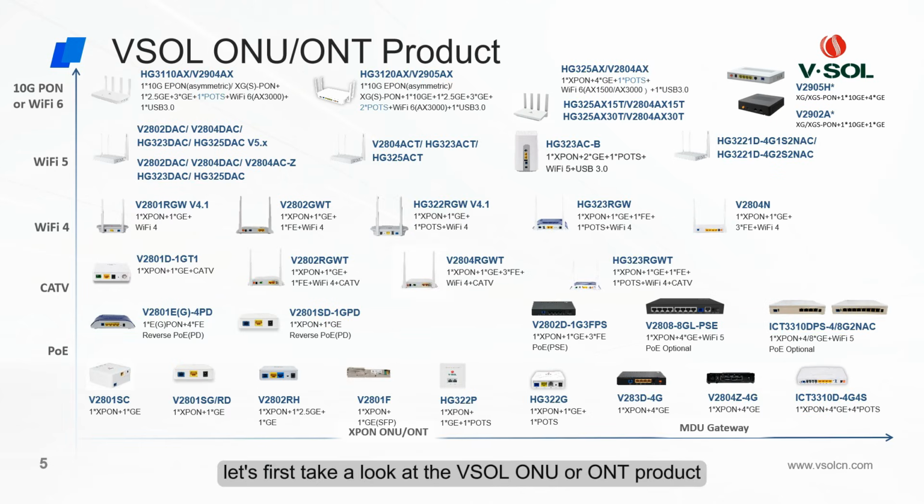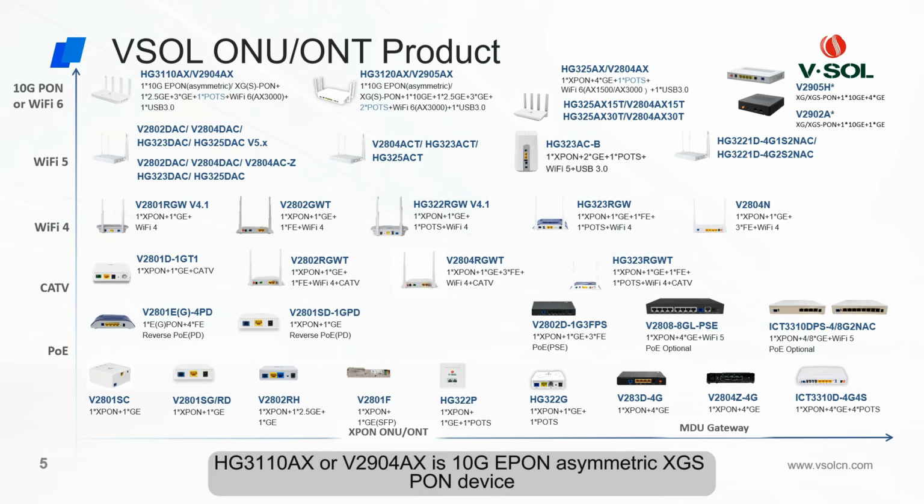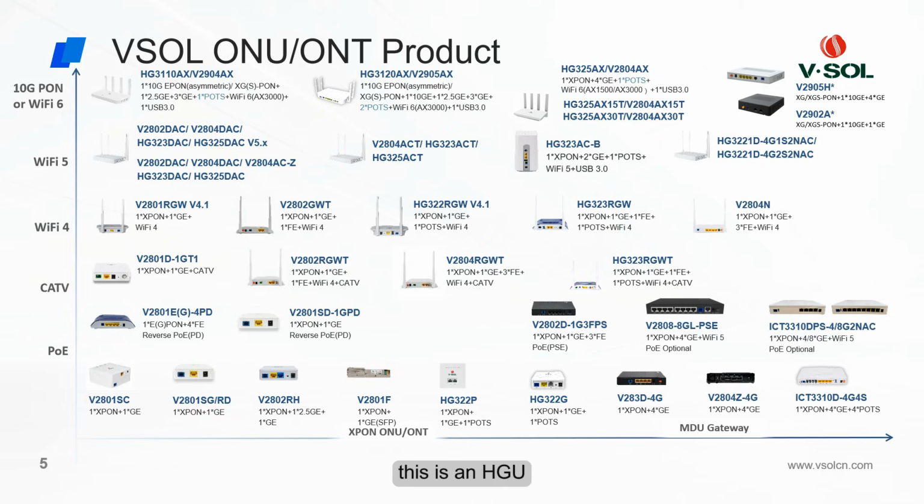Let's first take a look at the VSOL ONU or ONT products. The first line is the 10G PON or Wi-Fi 6 ONU, HG3110AX or V2904AX, a 10G EPON asymmetric/XGS PON device. This is an HGU that can provide up to 10 Gbps of bandwidth for both upload and download.